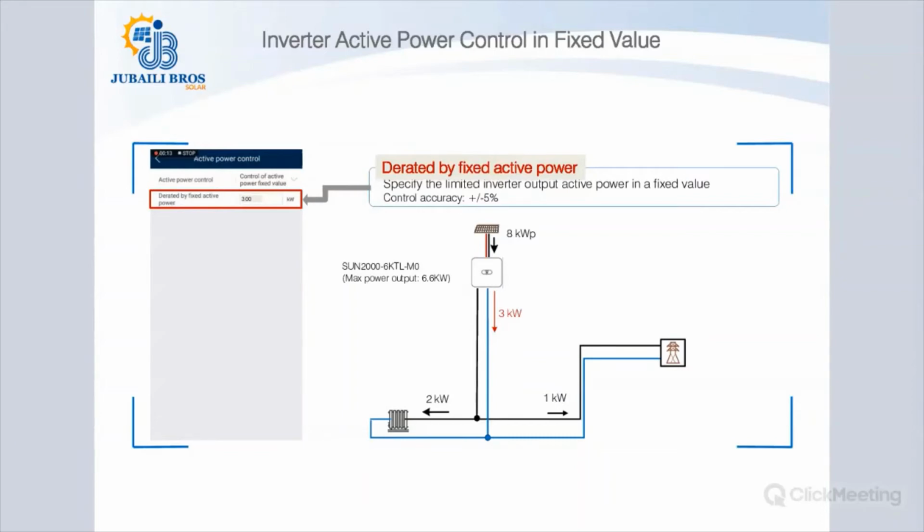For remote monitoring, in case you want to observe the output of the system, you can observe the load consumption, the production, and even the export back to the grid. All of this can be done with the FusionSolar application by remote monitoring or through the online monitoring platform.